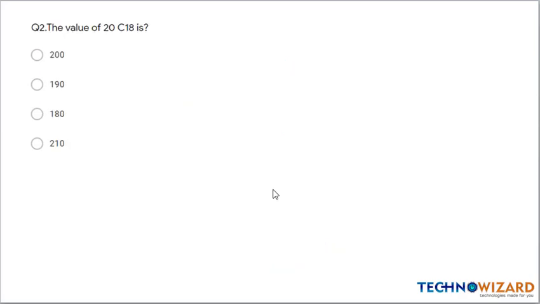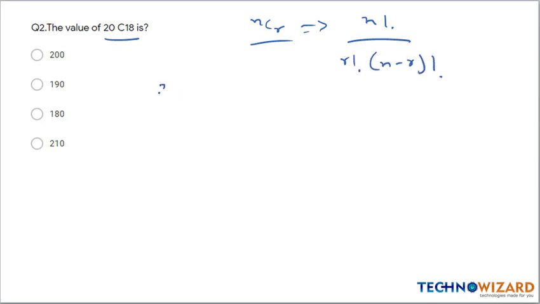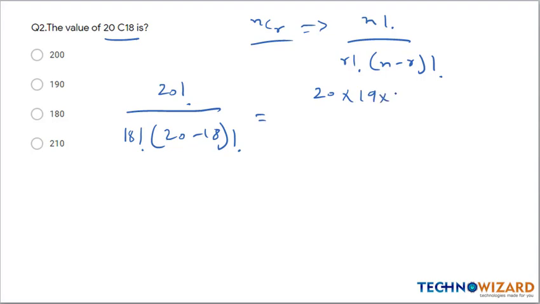Now, next question, question number 2. This is a permutation combination question, 20C18, that is nCr. If we have to convert this, it is n factorial upon r factorial into (n minus r) factorial. So we write 20 factorial upon 18 factorial into (20 minus 18) factorial. Now 20 factorial I can write as 20 into 19 into 18 factorial.